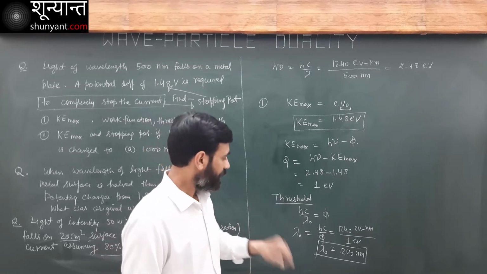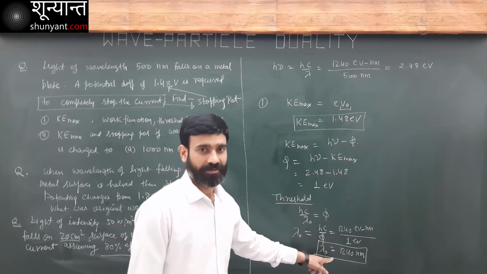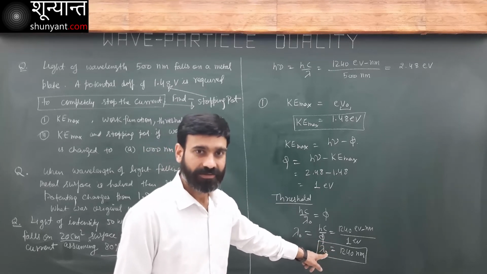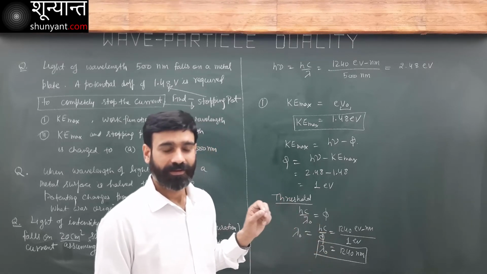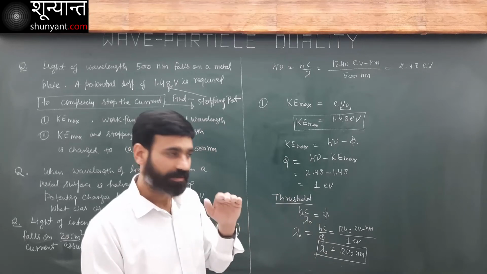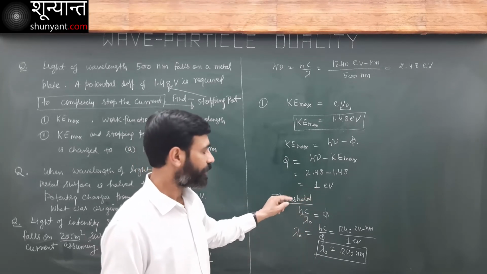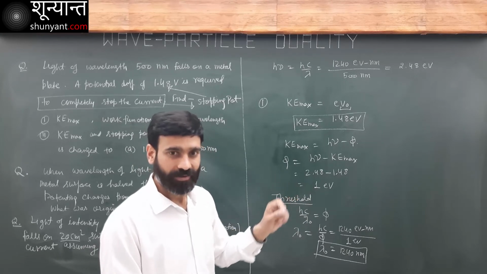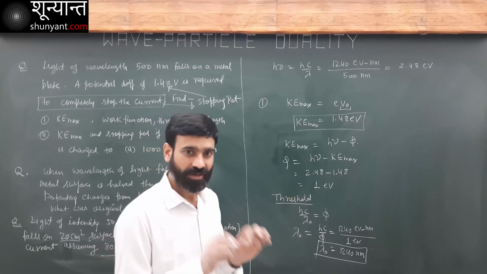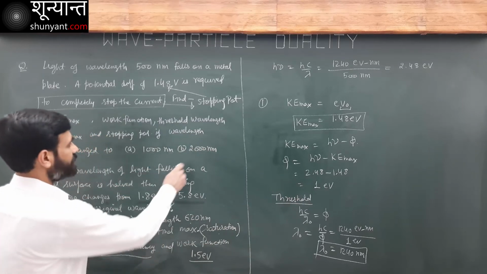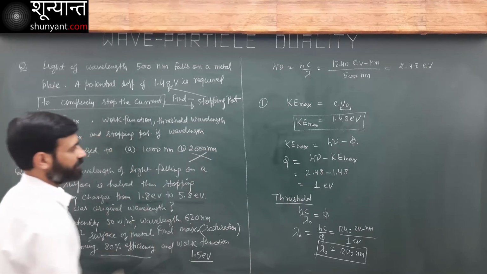Now, what will happen if the wavelength is more than this? In that case, the energy of the photon will be smaller than 1 electron volt, smaller than the work function. The electron will not be ejected.